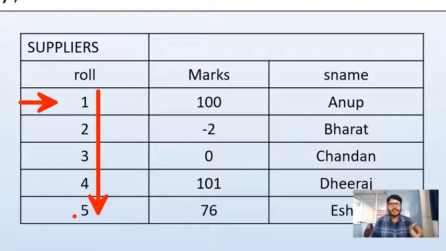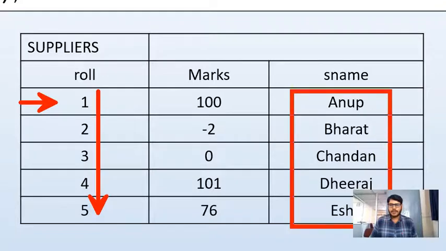That is the indication of a primary key: it will not accept null values and it will not accept duplicate values. After this, for the marks column, I am going to insert certain values here. And for student name, I'm going to insert student names here. As you can see, these are the student names.